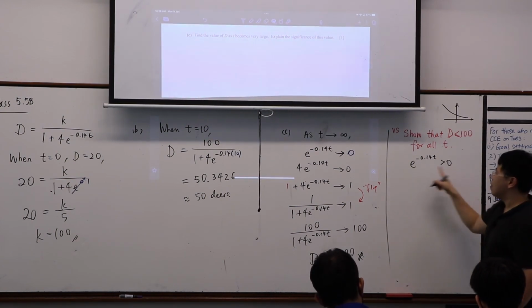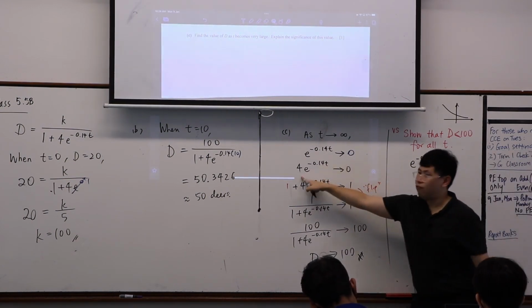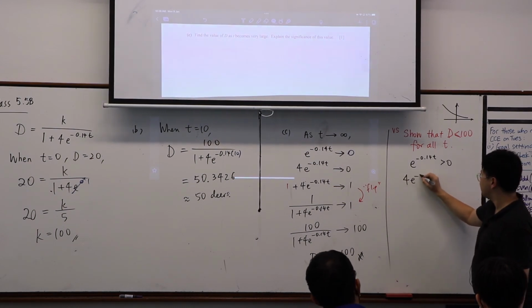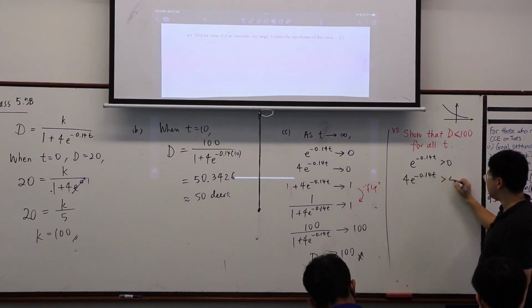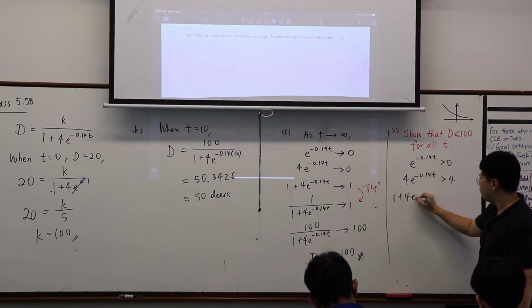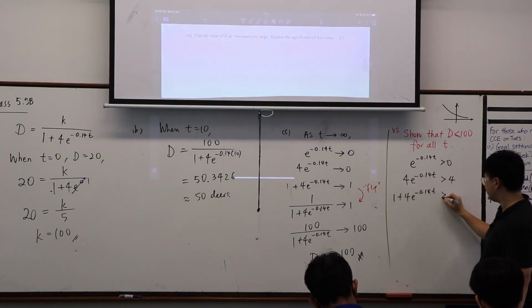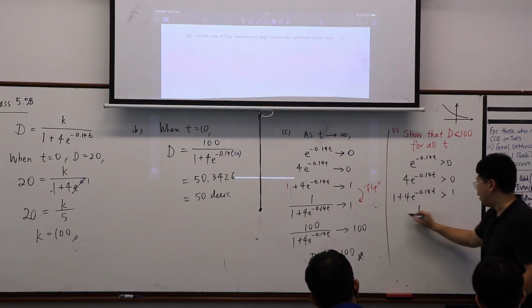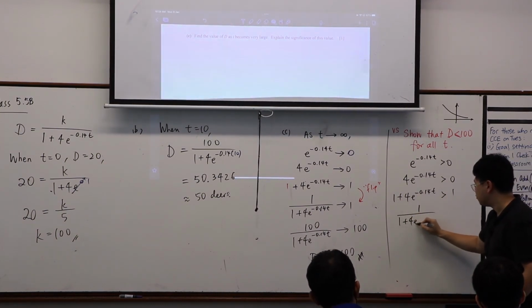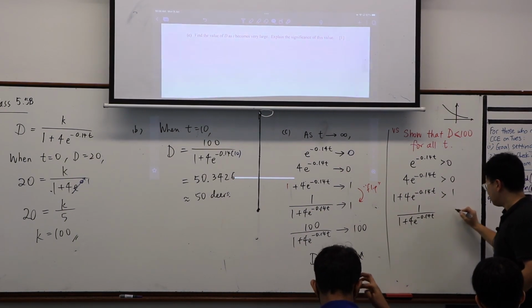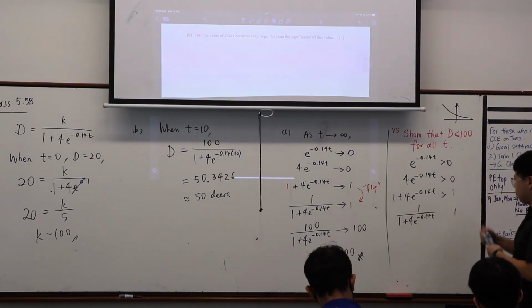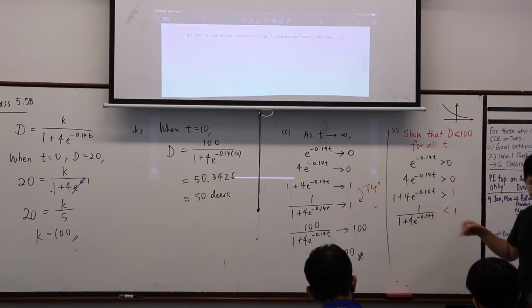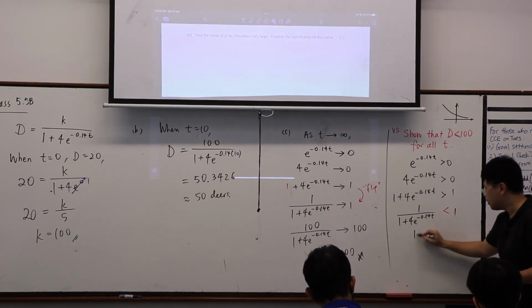Then we do the same thing: 4 times this, 1 plus 4 of this. We flip also, but when we flip, be careful of the inequality. Then we multiply by 100 on both sides.